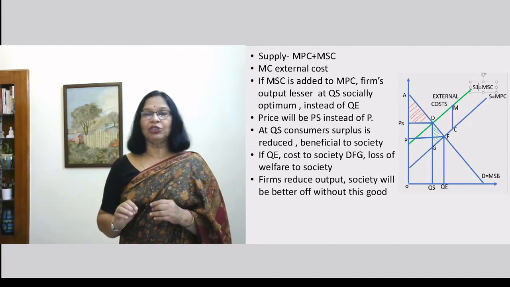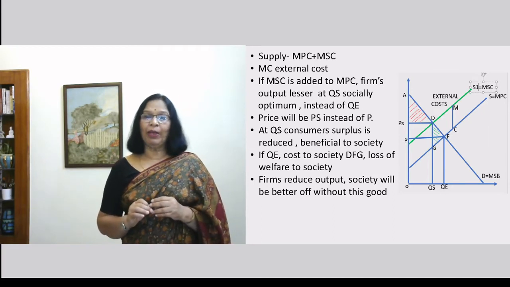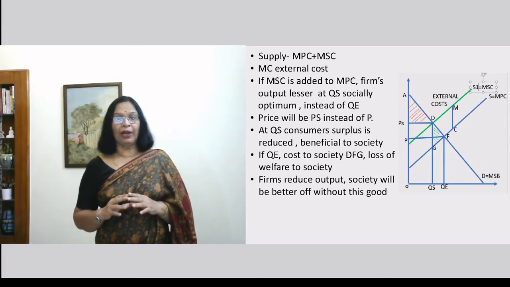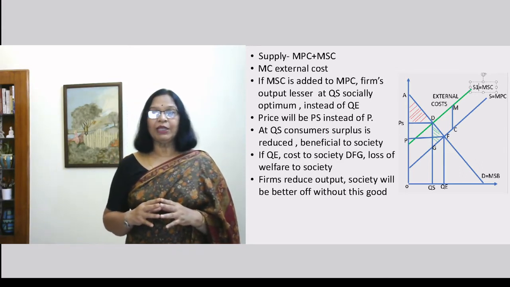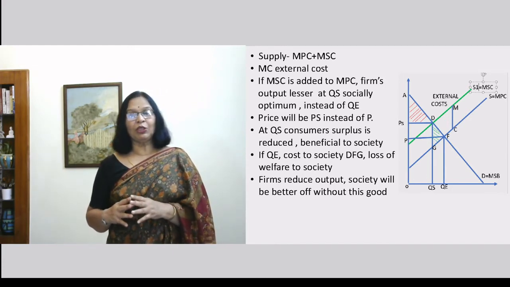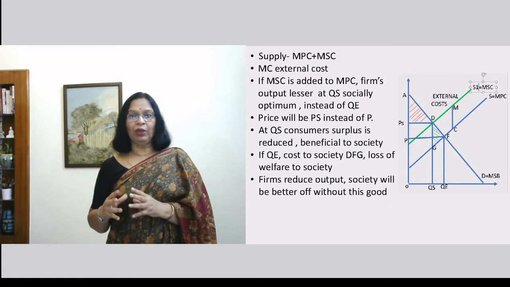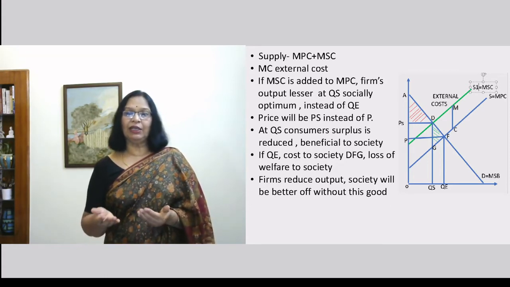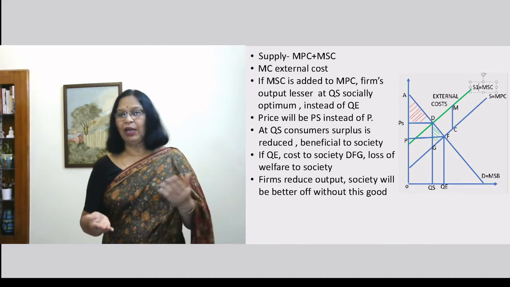The cost of production of the good that this firm makes, as per the diagram, is at price P. The firm is able to sell the product at point P, and the quantity that will be sold by the firm is QE. That is a normal demand supply curve that is interacting, and we get quantity QE and price P.